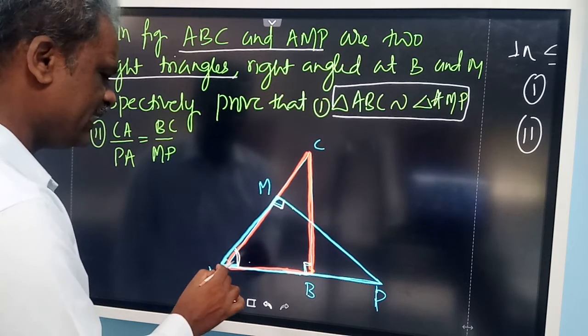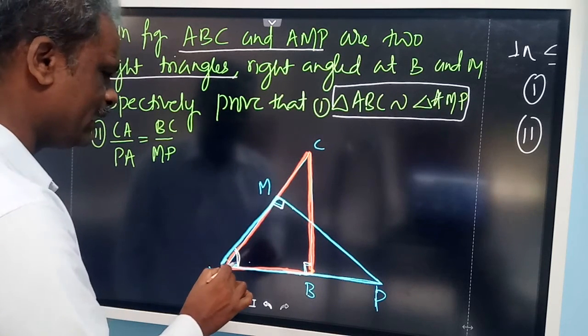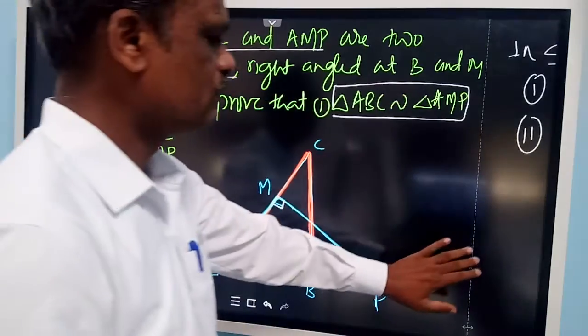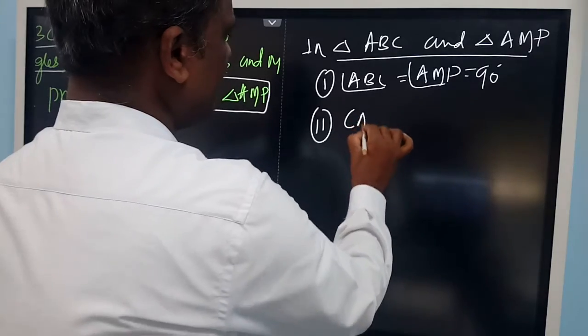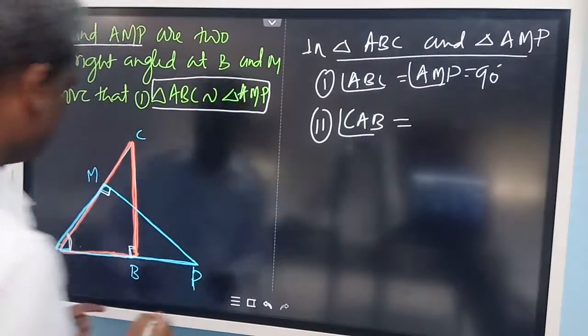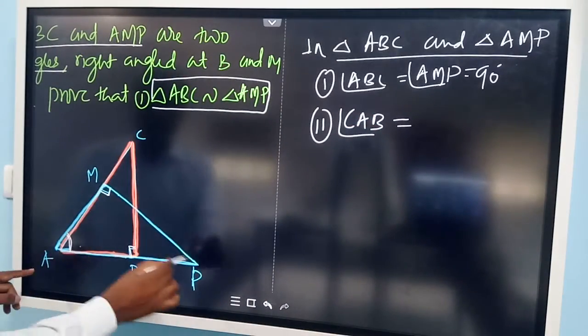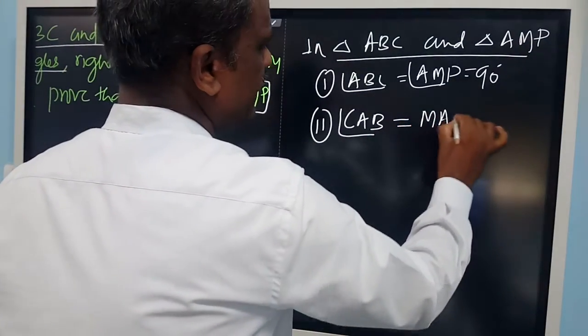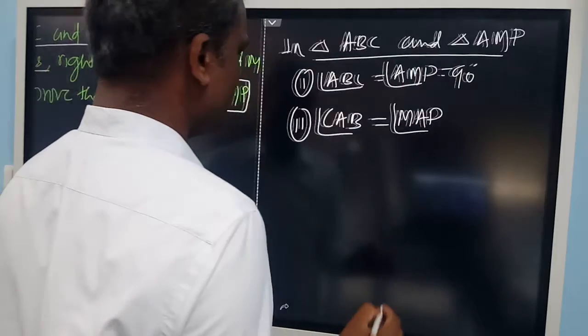So therefore let us write, in triangle ABC this A can be written as CAB. CAB is equal to, in triangle AMP, we can write MAP. So both are common angles.